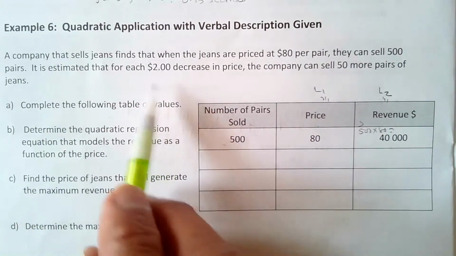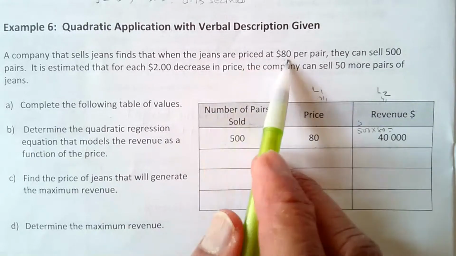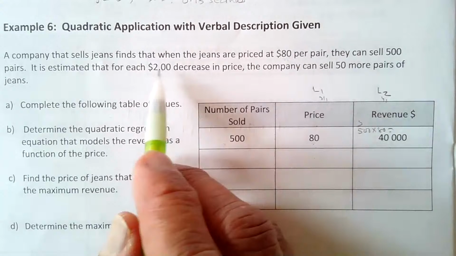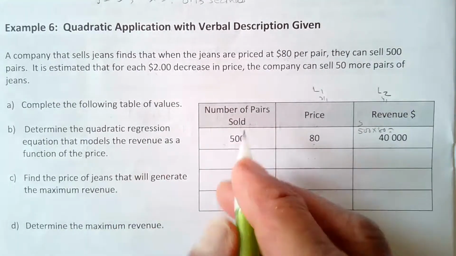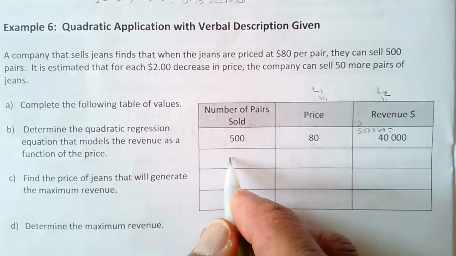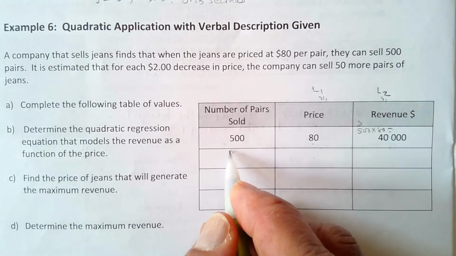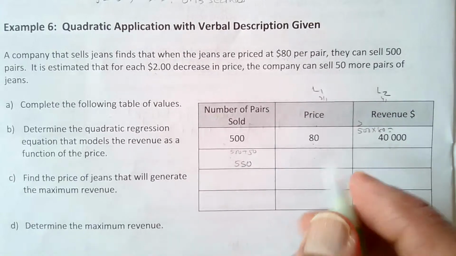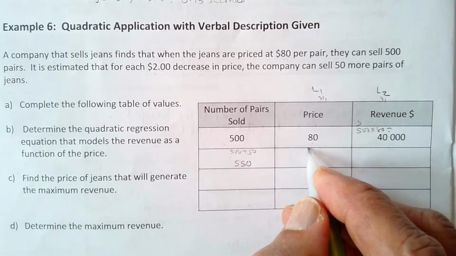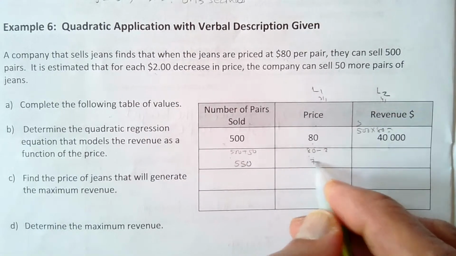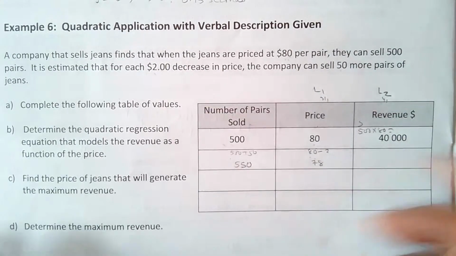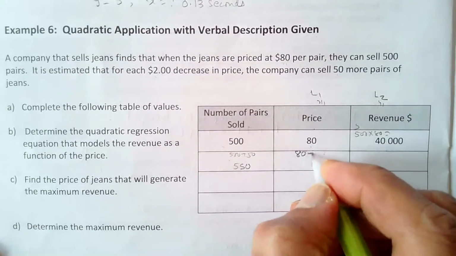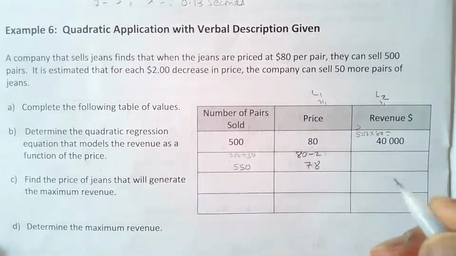Now, the price is $80, right? But then we're going to reduce the price by $2. If we were to sell 50 more, which is 500 plus 50, that's 550, and the price goes down, 80 minus 2, which is $78.